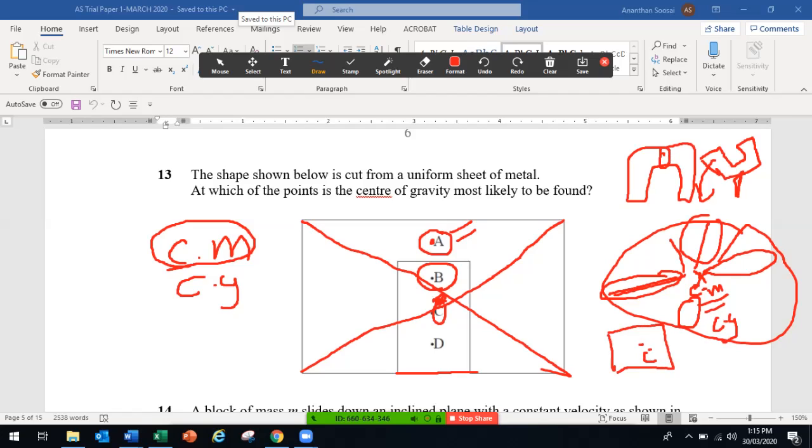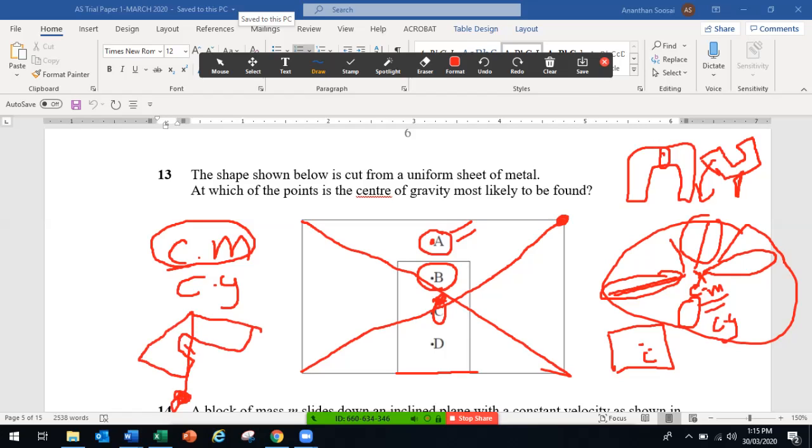Or in other words, if you hang this here, you're going to be like this. You make a pivot at this point. So I think you're going to hang like this. So this is where the center of gravity lies, if you use a plumb line.